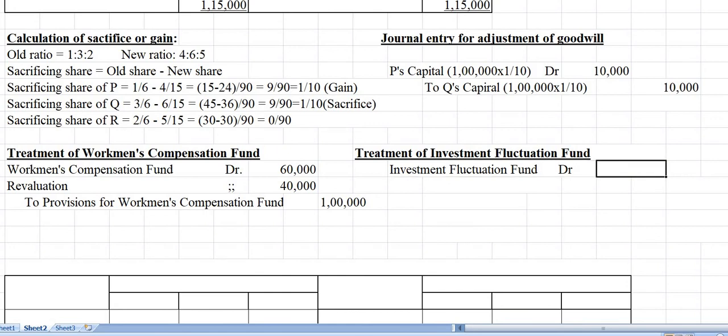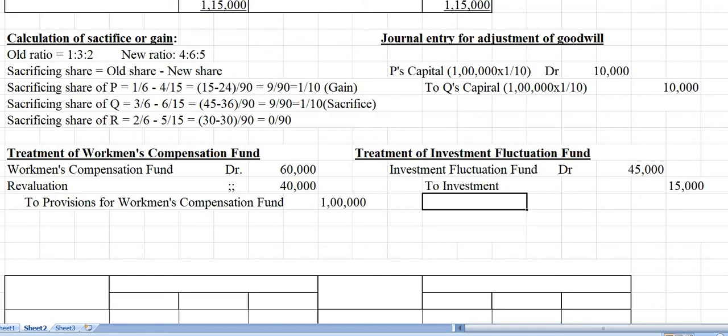We had 45,000, that is written, and for that investment is decreased, so a part of the amount is to be transferred to investment. How much will be transferred there? So there we will transfer 15,000 rupees. 15,000 can be transferred, so 15,000 is written there.